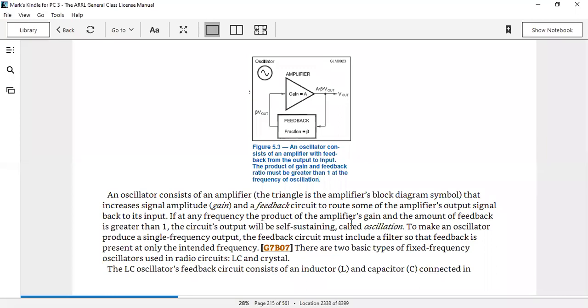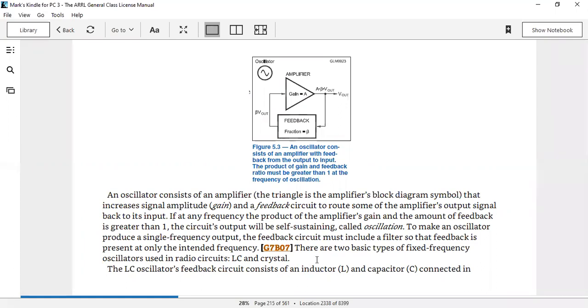It's self-sustaining, and that's what it's meant to do. And to make an oscillator produce a single frequency output, the feedback circuit must include a filter. That filter will be like a notch filter. It'll only pass whatever frequency it's designed for.